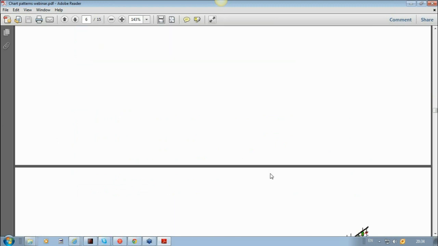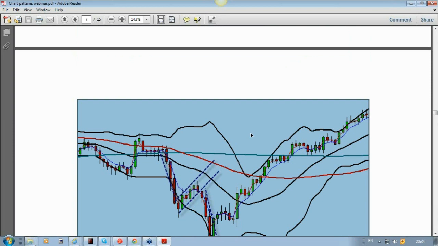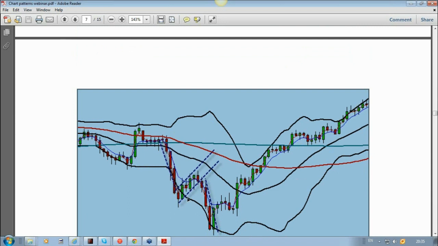Now, Igor says, what is the reliability of double tops and flags, and how do you define the boundaries of the flag? It's a good question, Igor. I will answer the second question first. You go and draw lines so you have as many spots as possible.